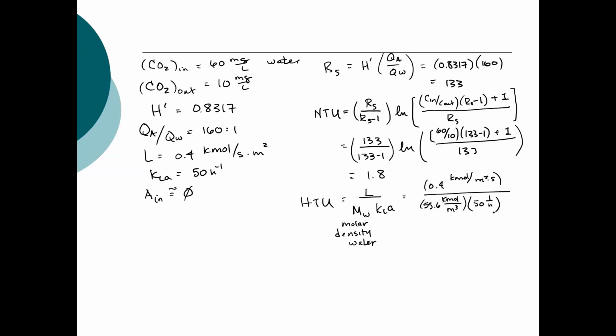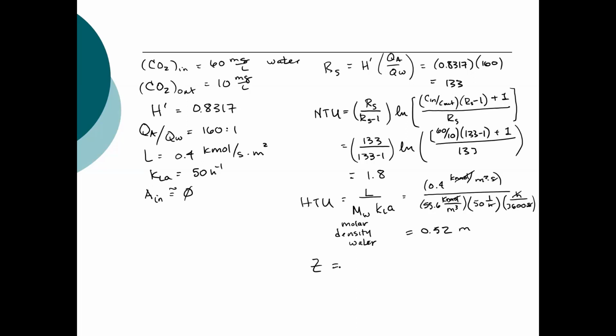And notice, remember, that was in 1 over hours. We have our loading rate in inverse seconds, so we need to convert. Hours cancel, seconds cancel, kilomoles cancel. We're left with units of meters, 0.52 meters. Okay.